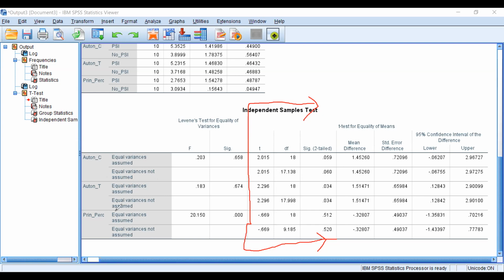However, in this case, we have a violation of assumption. You should look at this row, the row where the assumption has not been upheld. Sorry for the bad writing. And you see that the result of the t-test is not significant.